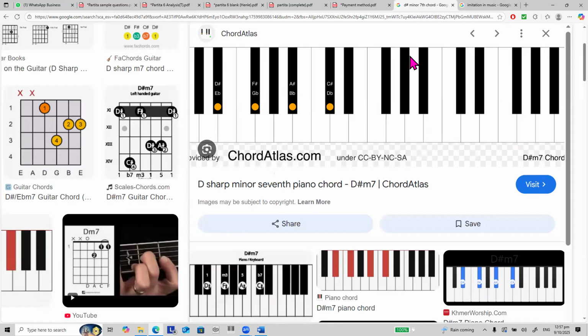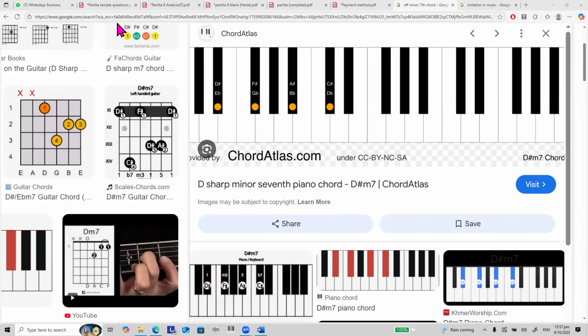So this is exactly how they describe it. D sharp minor 7. So you have D sharp, F sharp, A sharp, and C sharp. This is how you describe it. For my diploma music theory students, I'll give them a full chart of how to describe the chords.